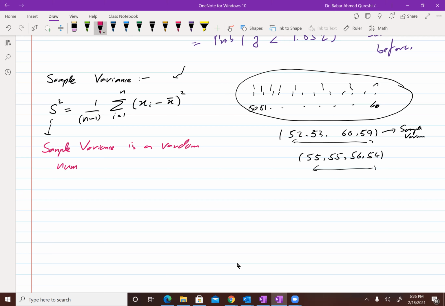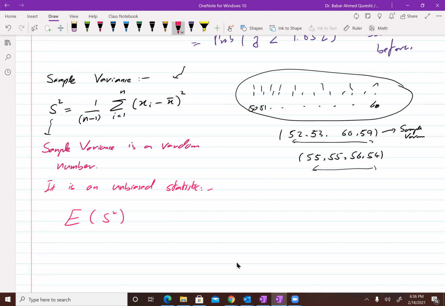And it turns out that it is also an unbiased statistic. What does that mean? By definition, that means that if I compute the expectation value of the variance, this variance is a random variable, so it will have a distribution. It turns out its distribution is not normal. It's something else.